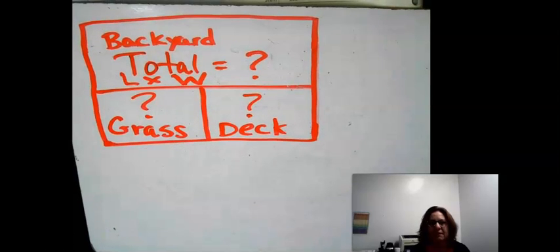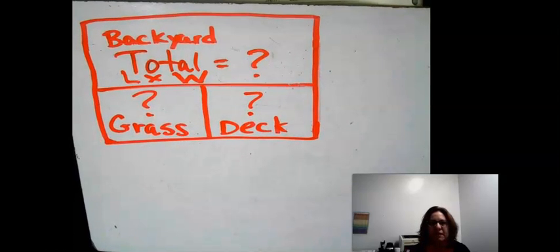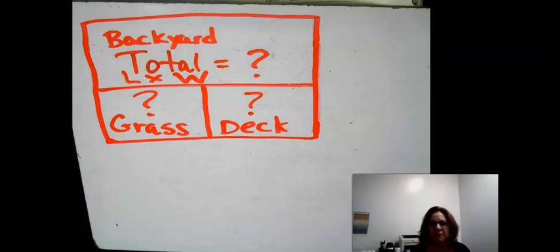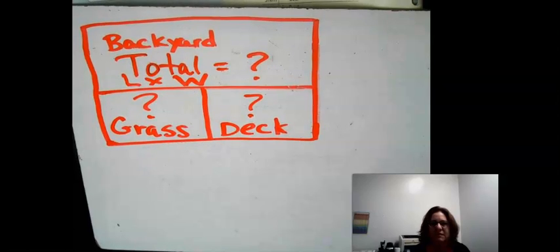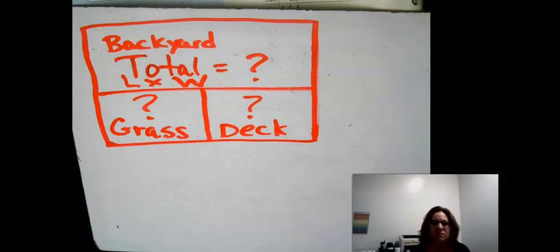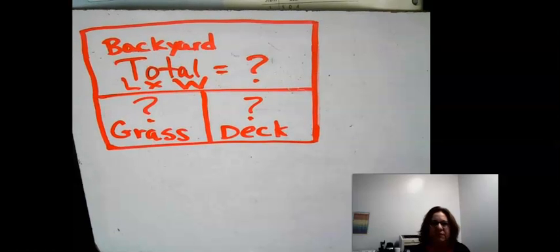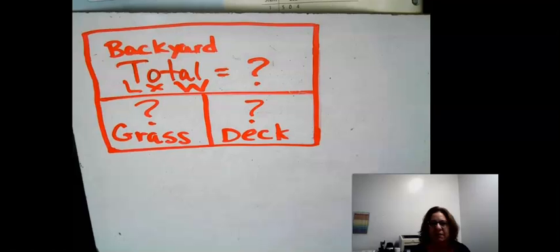All right, so think about it like this. We have the entire area of the backyard. Part of it is grass, part of it is the deck. We know that length times width will give us area, and they've already given us the information that we need to figure out the total backyard's area.